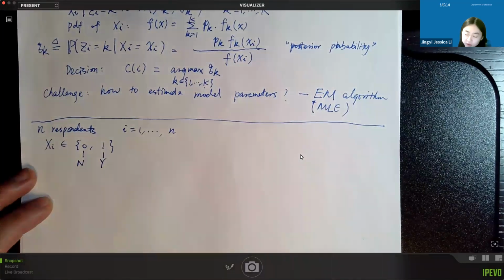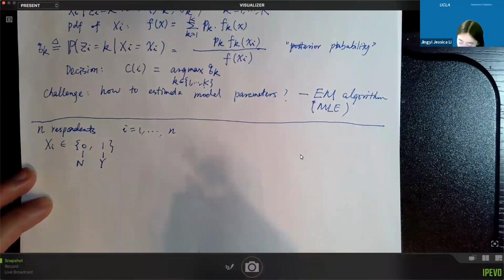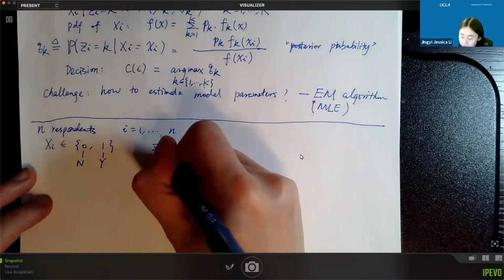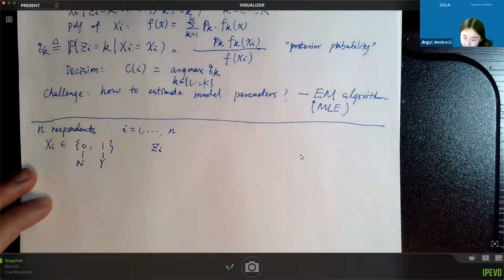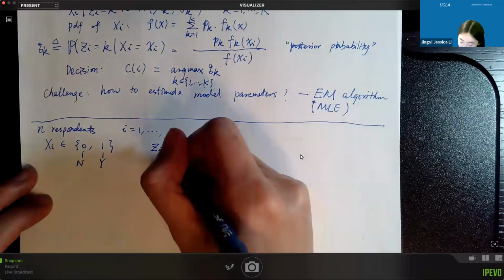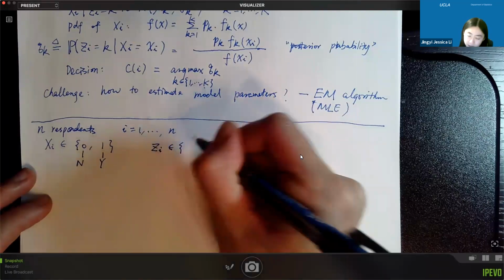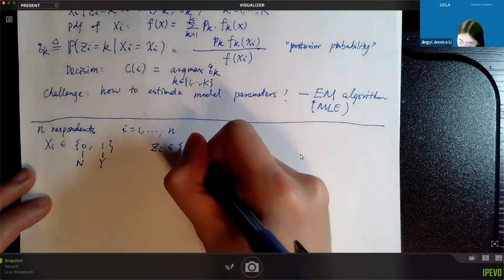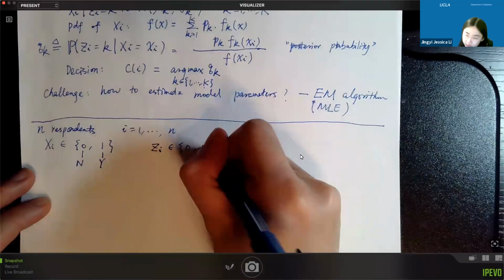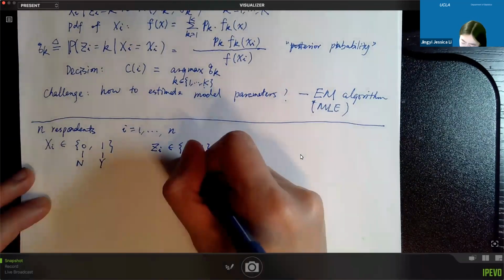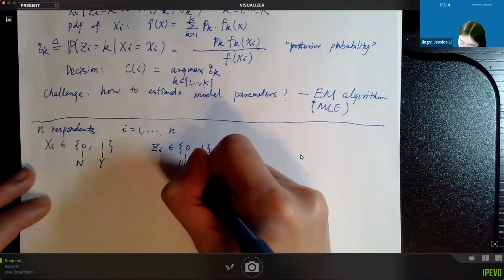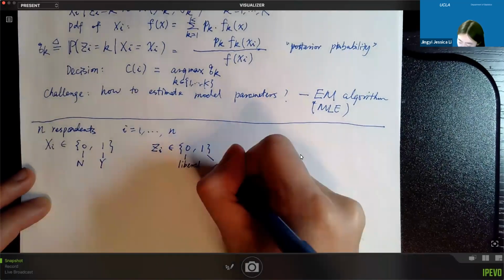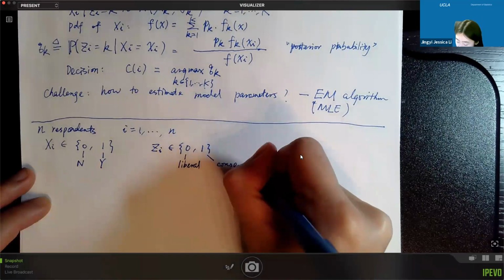But there's a hidden variable we don't know. That is the political attitude of this ith respondent. So we can encode the attitude as liberal or conservative. That can also be put as a binary coding. So we can call liberal 0 and 1 conservative.